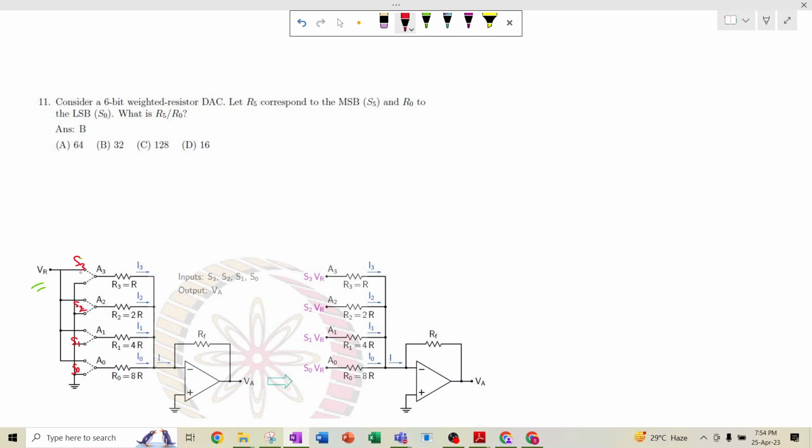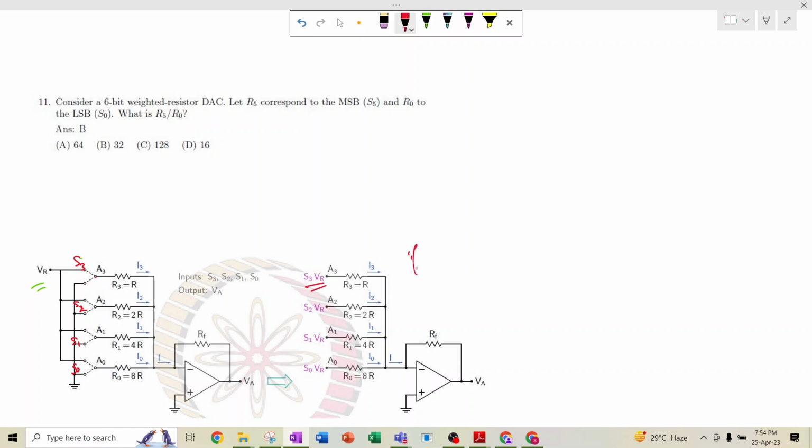Now what happens? Whenever the switch is connected to VR, then this terminal is VR. Otherwise, when S3 is 0, it is connected to ground. That means the A3 terminal is connected to S3 VR.